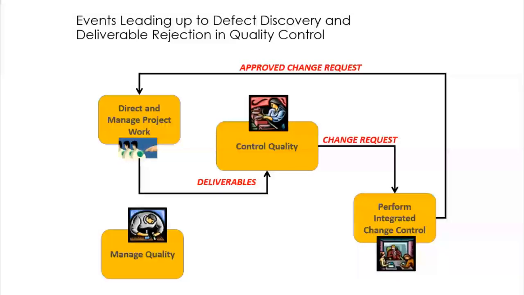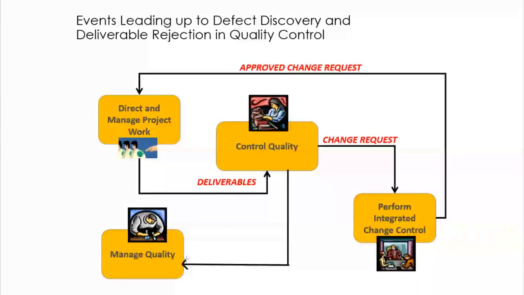Not only do you have a change request, you should also have some steps that precede the change request. And that step is from quality control, you are going to have a feedback loop that goes from control quality to manage quality.